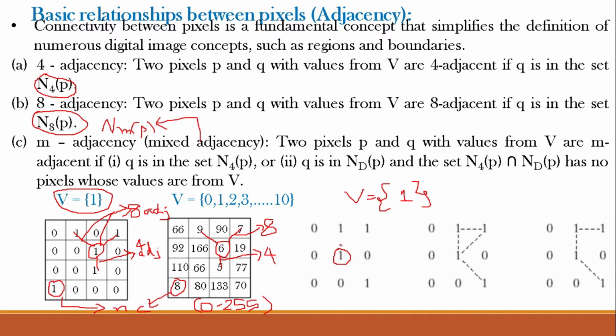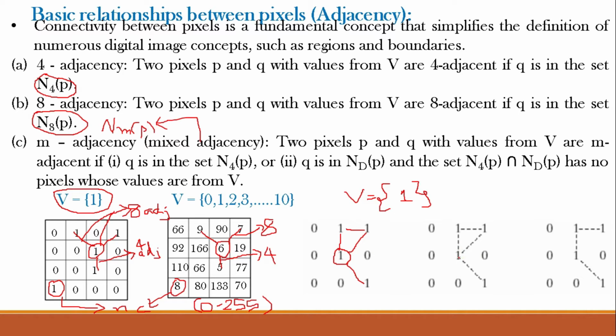This pixel can be connected to this pixel diagonally like this using 8 adjacency. It can be connected to this pixel using 4-way connectivity. Now this pixel can be connected to this pixel again using 4-way connectivity, and also there is a confusion or ambiguity over here that this pixel can be connected to this pixel using 8 connectivity.